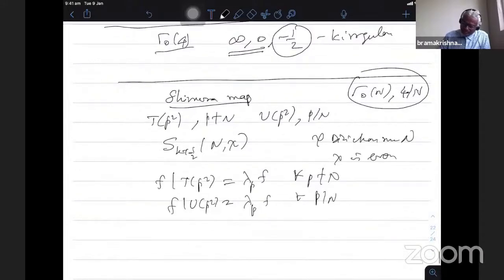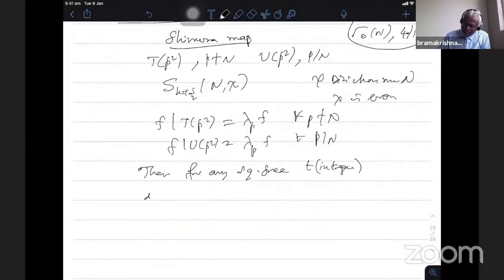So then you are considering, for any square free integer t, define the map S_t as follows.